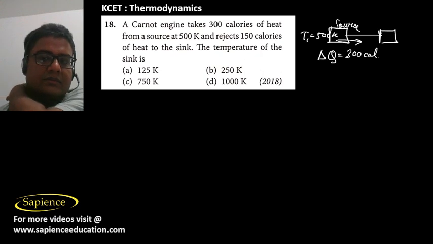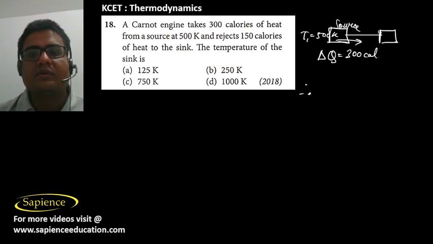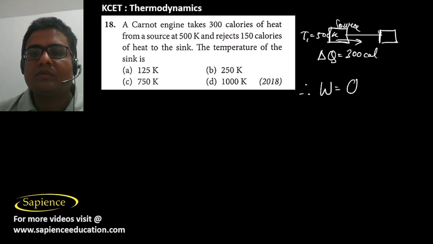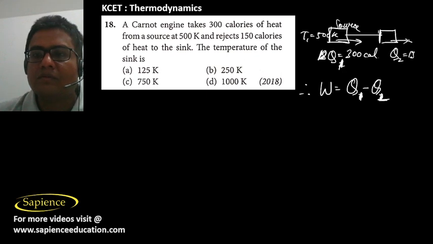Therefore the amount of work done is equal to the heat from the source, Q1, minus the heat being rejected, Q2. Q2 is the amount of heat rejected to the sink, that is 150 calories. The temperature of the sink is being asked.